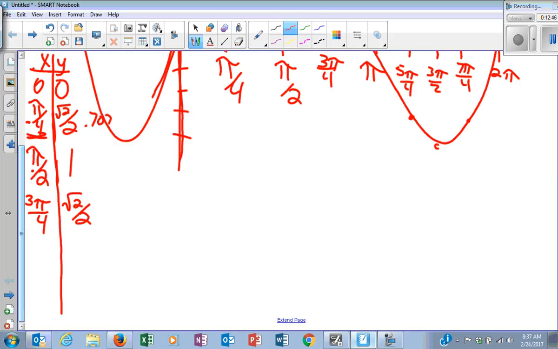So, just to be clear, when you're going from input to x, you always look at the radians. Because when I'm doing this, what does theta stand for? Angle. Okay? So that's why you're looking for radians, because radians are a way of measuring. Now, could you make the sine graph in degrees?